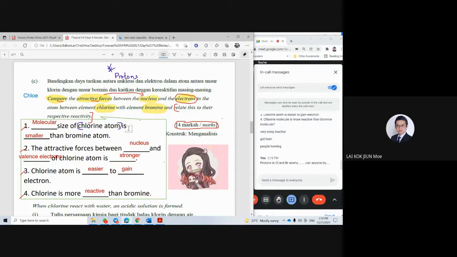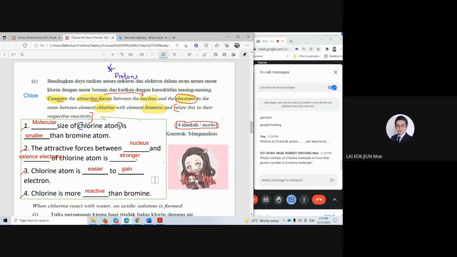Modify a bit. Compare the force here. They are asking about reactivity, related to their activity. Okay. Chlorine is more than bromine. Chlorine is less than bromine.